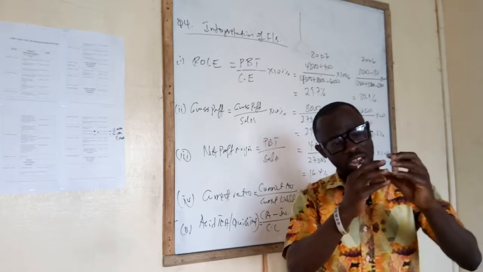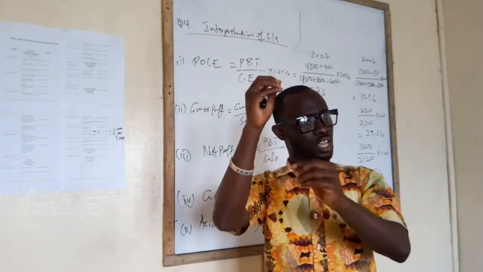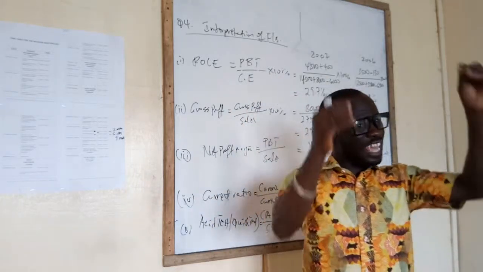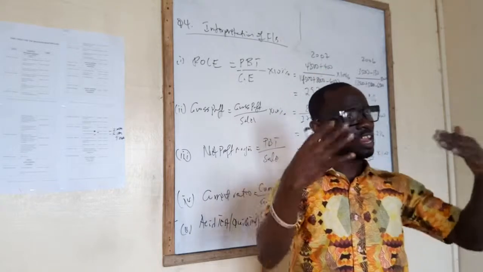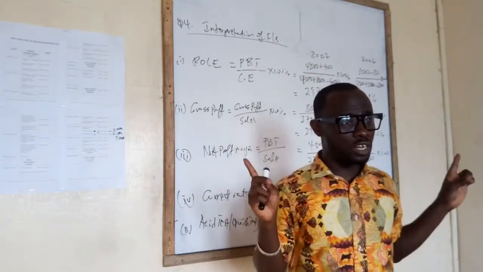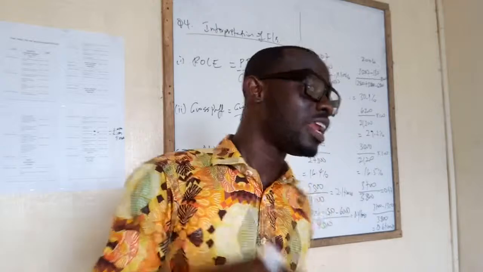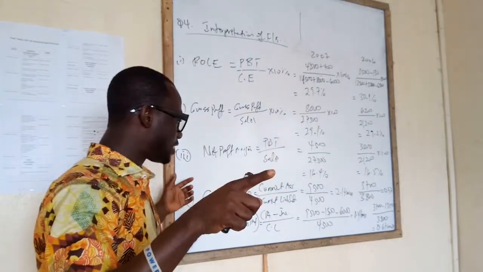Because you know that when the asset turnover ratio is increasing, your ROSI should also increase. So that if it is not entirely like that, then you can properly interpret the ratio. For that reason, we are going to calculate the asset turnover ratio.